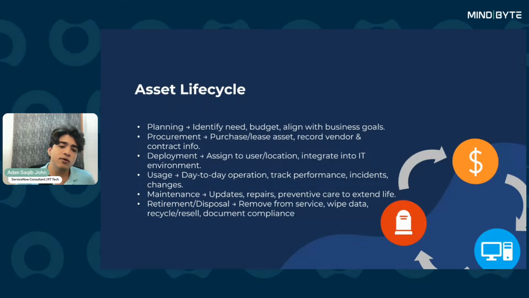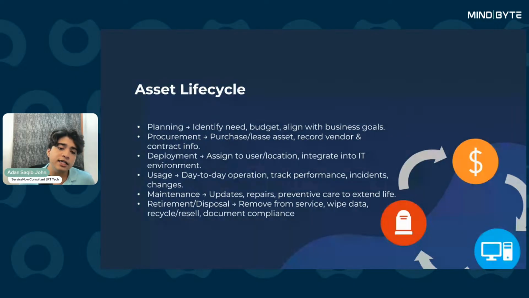So why does all of this managing and tracking the life cycle of an asset actually matter? Because without life cycle tracking, assets get easily lost or underutilized or even replaced too early when they still have some value left to give to your company.